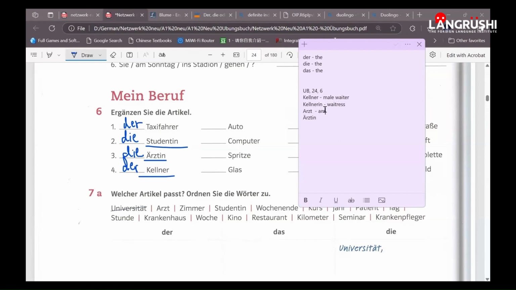Arzt is a male doctor. Ärztin is a female doctor. Okay. What is Lehrer? Teacher, lecturer. Yes, it is a male teacher. And Lehrerin is a female one, correct. It's a female teacher.